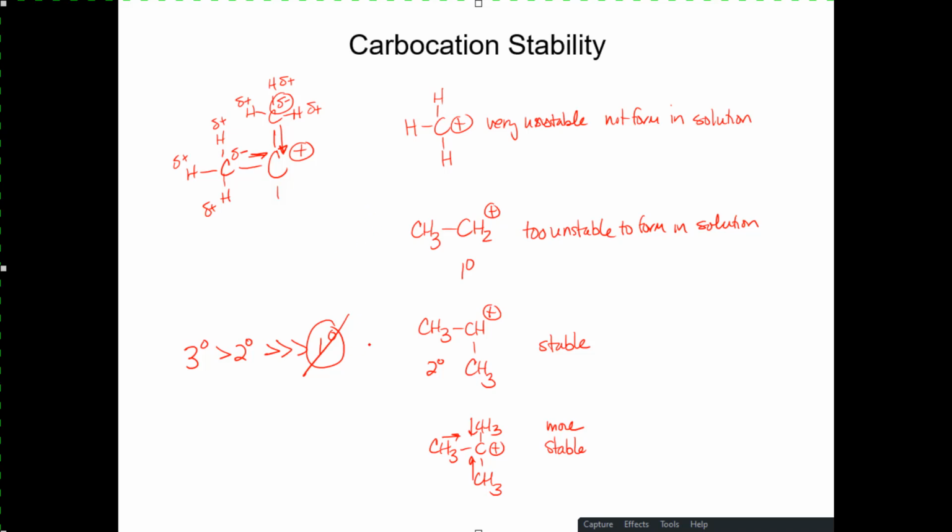So that is our 3 rules of things not to do in organic. Primary carbocations are too unstable to form. So that's how the stability of carbocations go, because every alkyl group you add pushes more electron density into the carbocation and increases its stability. Okay.